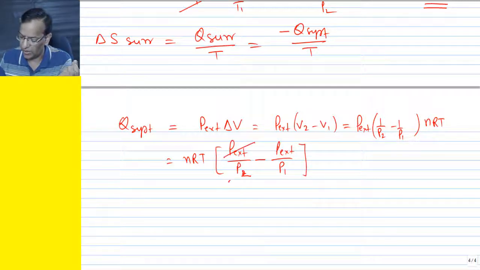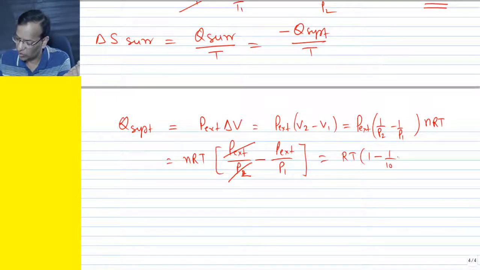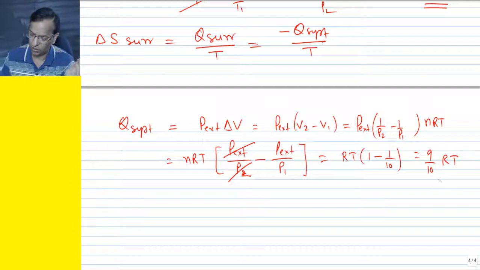P external and P2 are the same, 1. P1 is 10, n is 1 mole, so it is RT times 1 minus 1 by 10, so it is 9 by 10. So 9 by 10 RT.